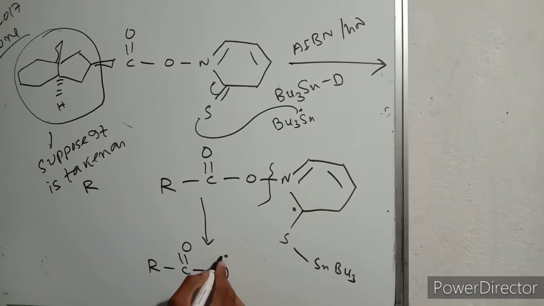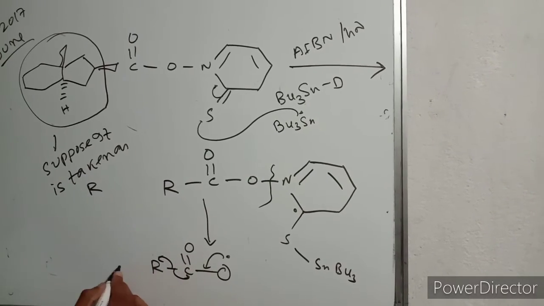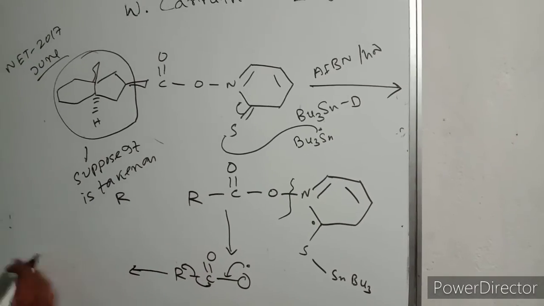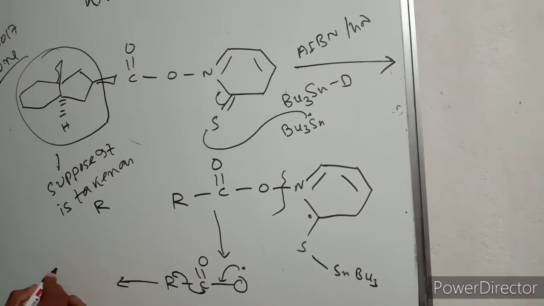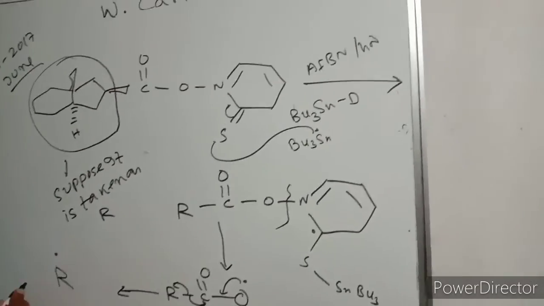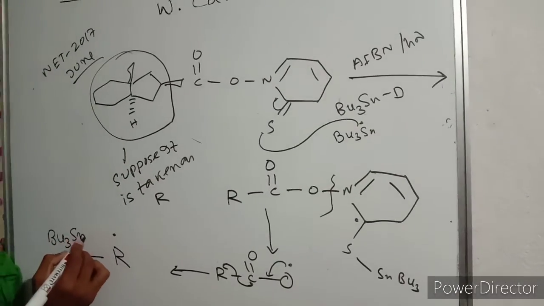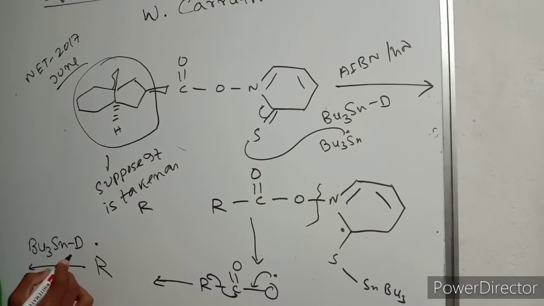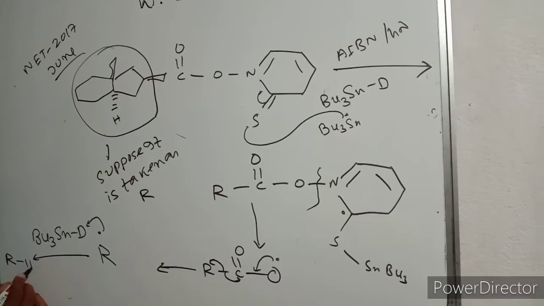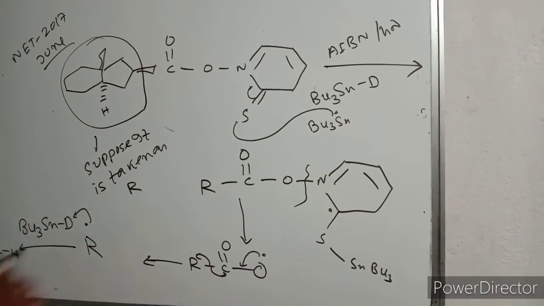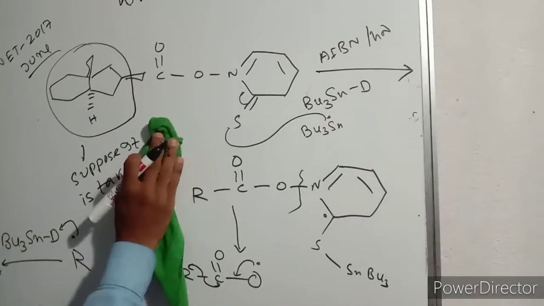Then carbon dioxide falls off and an R radical will be generated. It is treated with deuterated tributyl tin hydride and we get RD. That is ultimately good. Since we took this as R, ultimately we get this product.